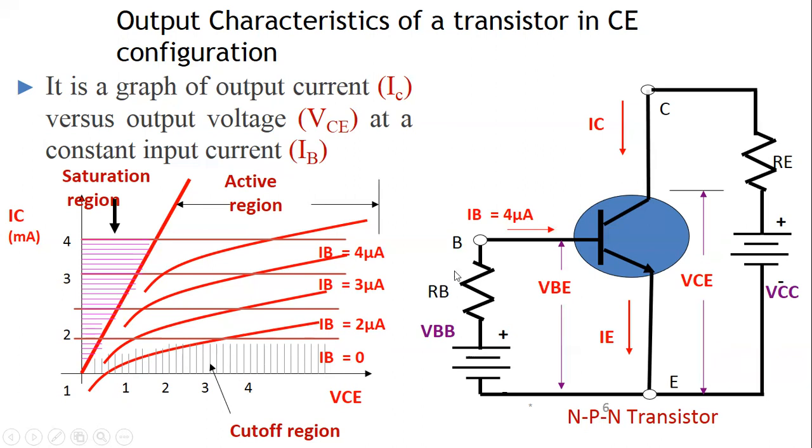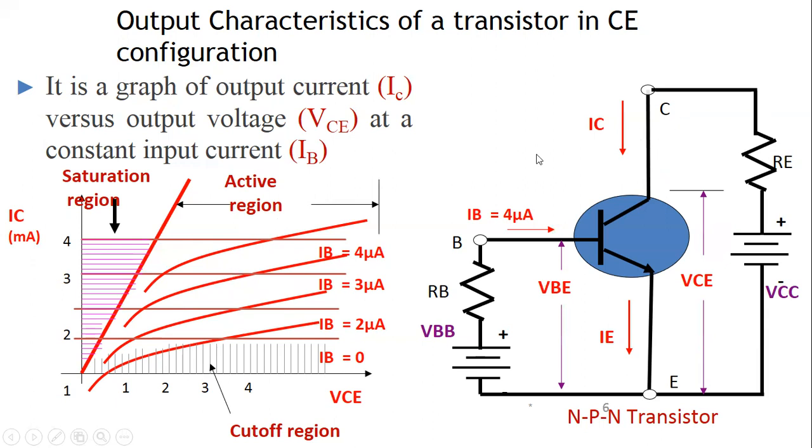Further, if we increase IB again to a larger value, suppose IB is equal to 4 microampere, and we keep this constant and again vary the collector emitter voltage, we see that for this increase in IB, IC is also increased. If we repeat this experiment again, increasing IB, we get this curve shifted upward. These slanted lines are going to be shifted more, meaning there is an increase in collector current.